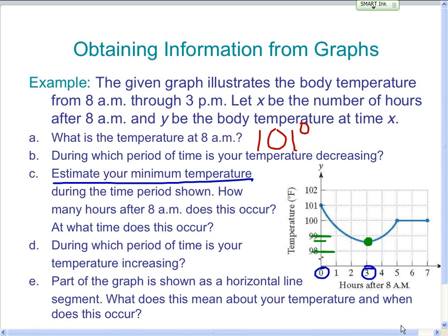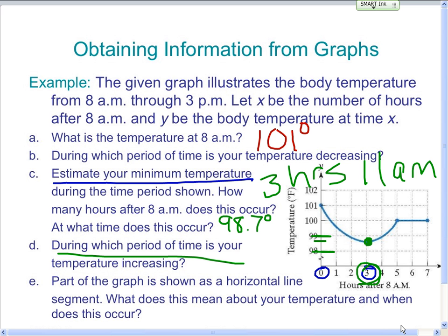I'll say probably 98.7-ish. How many hours after 8 a.m.? It's been 3 hours. And what time is it? Well, 3 hours after 8 a.m. is 11 a.m.